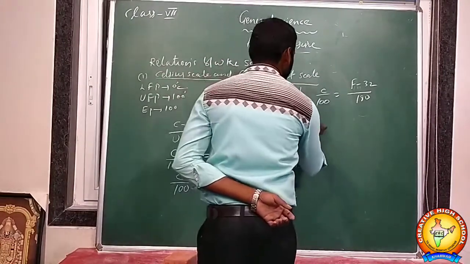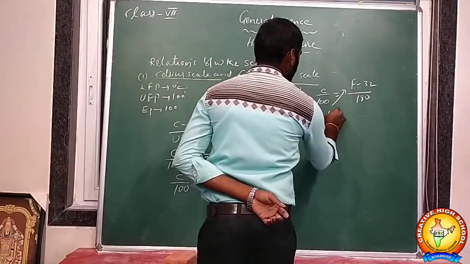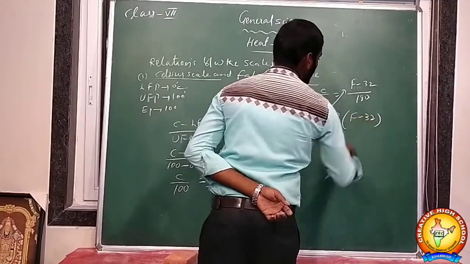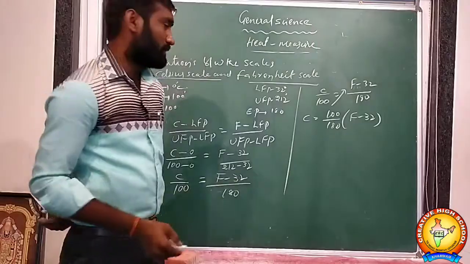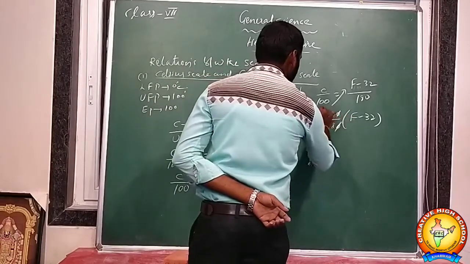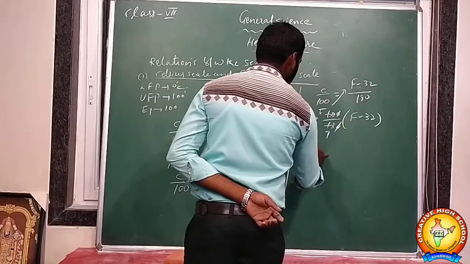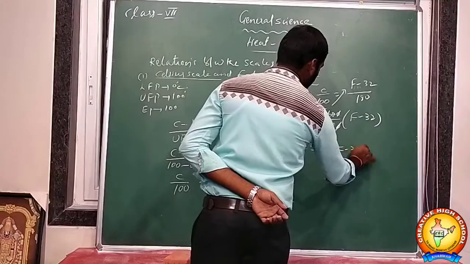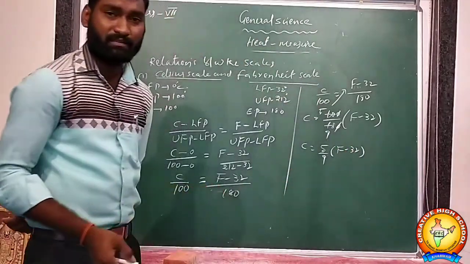C is equal to 100 by 180 into F minus 32. The zero gets cancelled, so 2 fives are 10 and 2 nines are 18, giving C is equal to 5 by 9 into F minus 32.